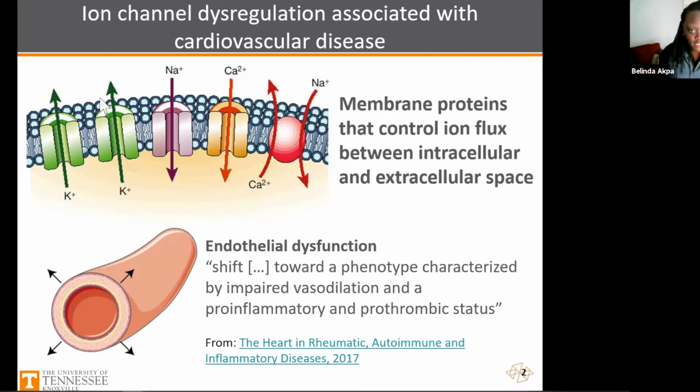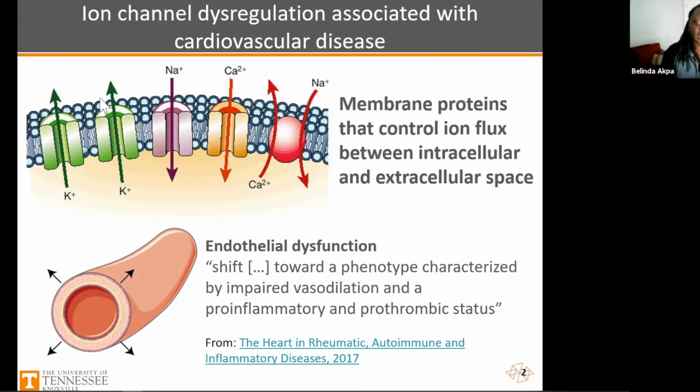We're going to focus today on cardiovascular disease and the way in which dysfunction of ion channels can prevent blood vessels from being able to contract or dilate in response to blood flow in order to regulate blood pressure.